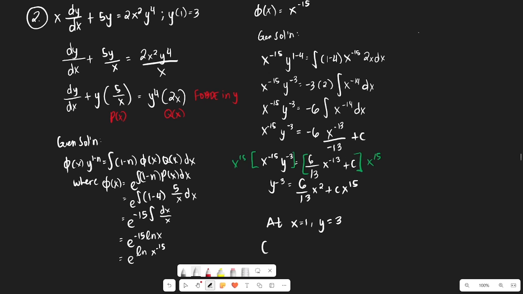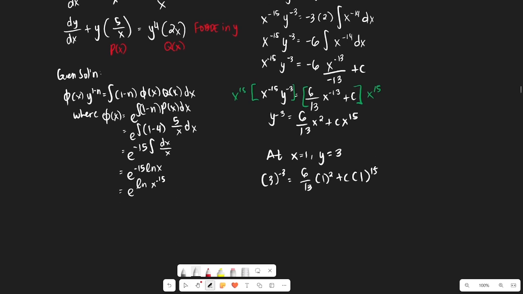We're gonna get 3 raised to negative 3 is equal to 6 over 13 times 1 squared plus c times 1 raised to 15.